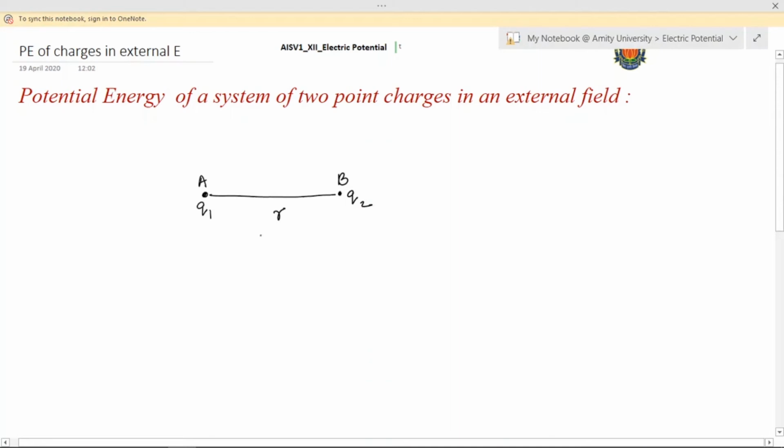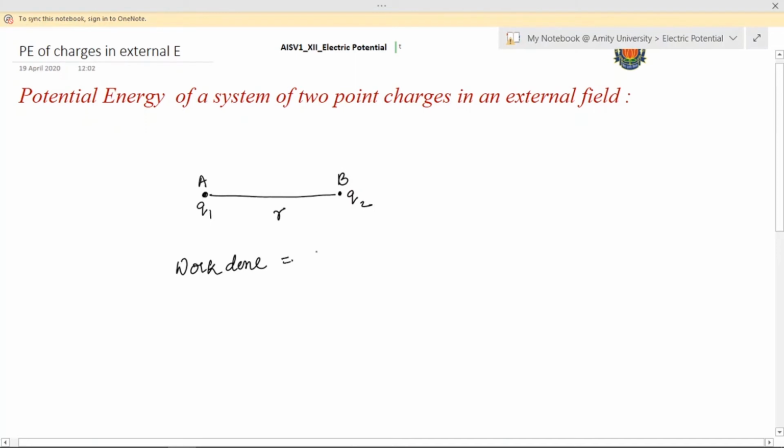But now, when there is some external field, in the presence of the external field, the work done in bringing the two charges will remain the same, right? Work done between these two charges will be the same.